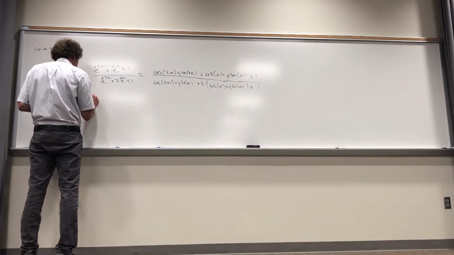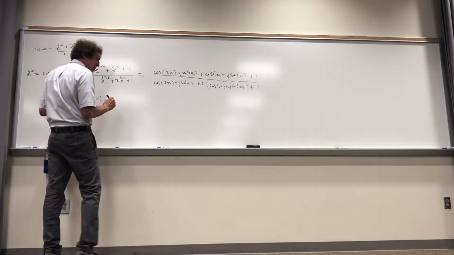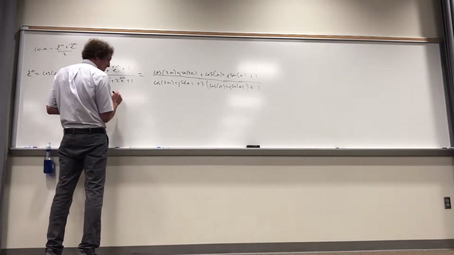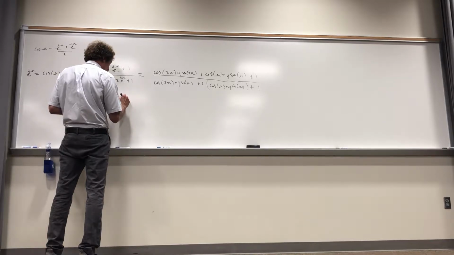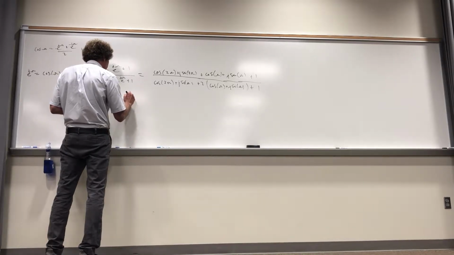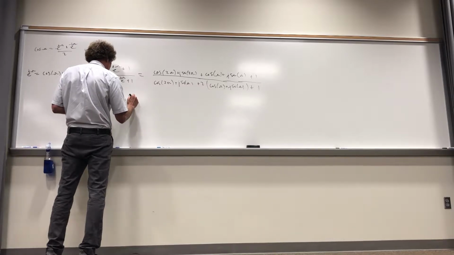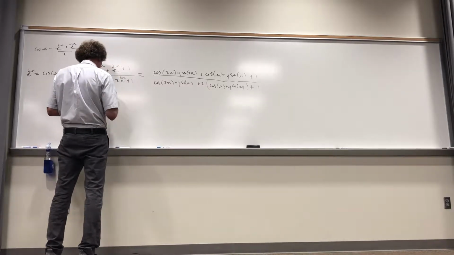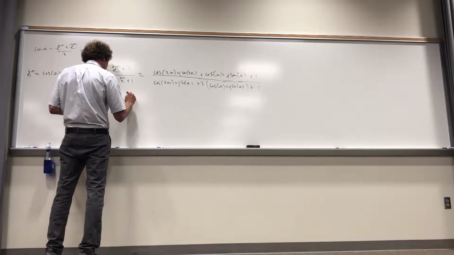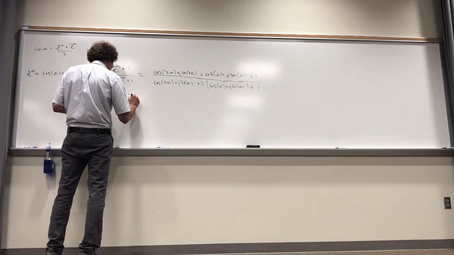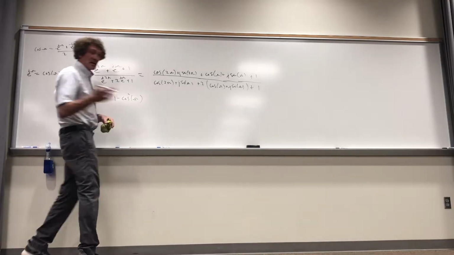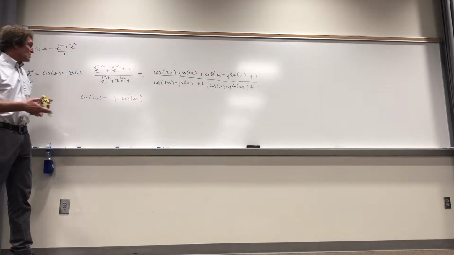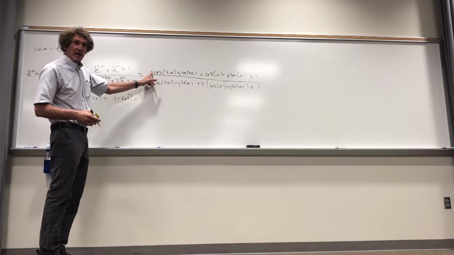Cosine of 2ω is equal to what? Isn't it 2 cosine squared of ω minus... pardon me, 1 minus cosine squared of ω? Isn't that right, class? Now you can replace this one here and this one here.